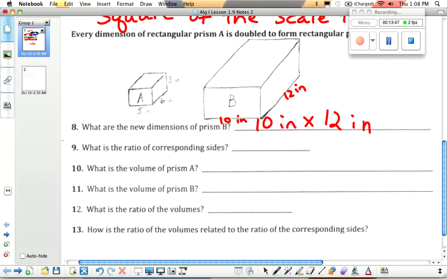And the height, 3 inches, is going to get doubled to 6 inches, right? So there's our new prism. Its dimensions are 10 by 12 by 6.